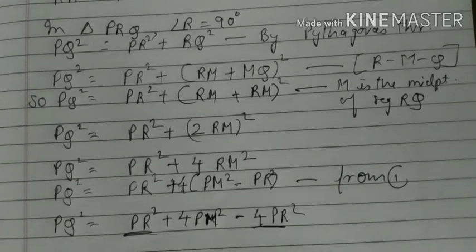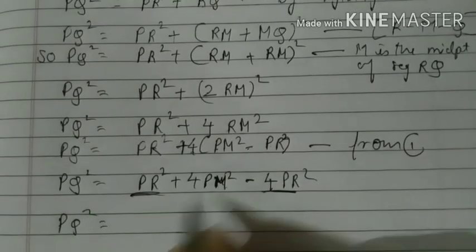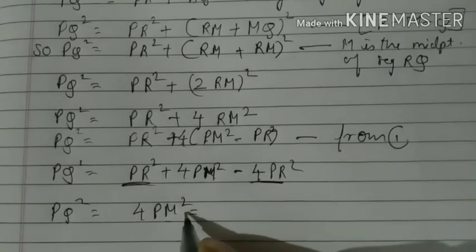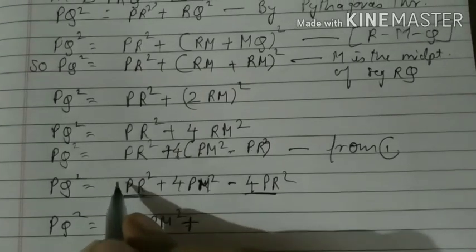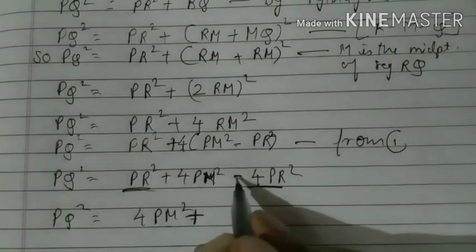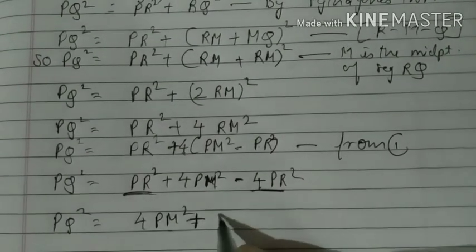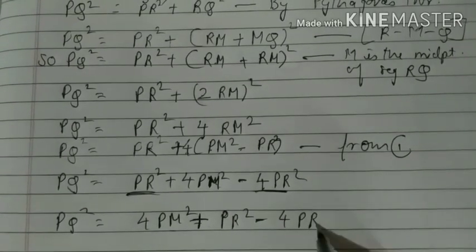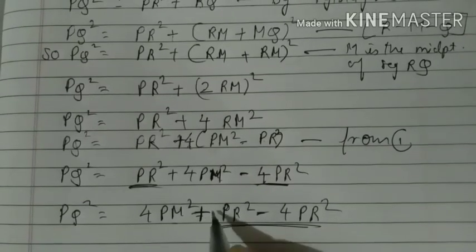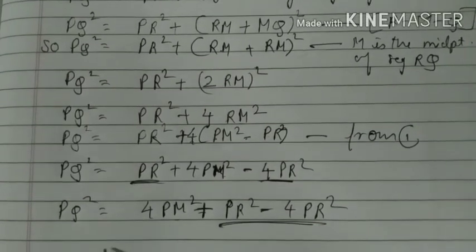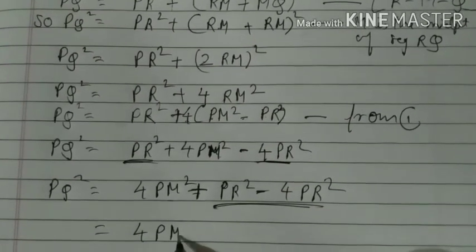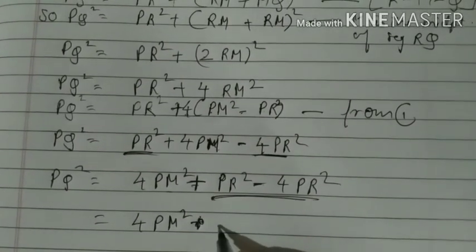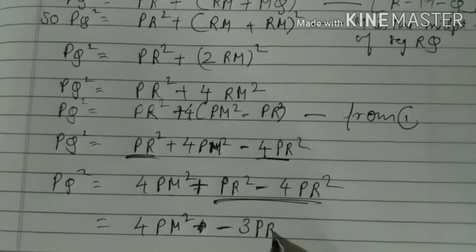So PQ square will be equal to 4 PM square, same to same, plus PR square minus 4 PR square. I am taking like terms. Now 1 minus 4 will be 3, so minus 3 PR square.